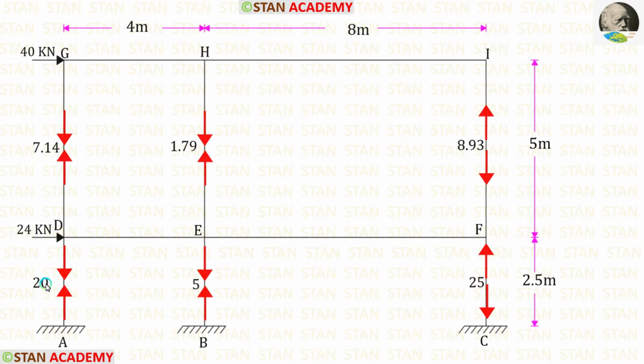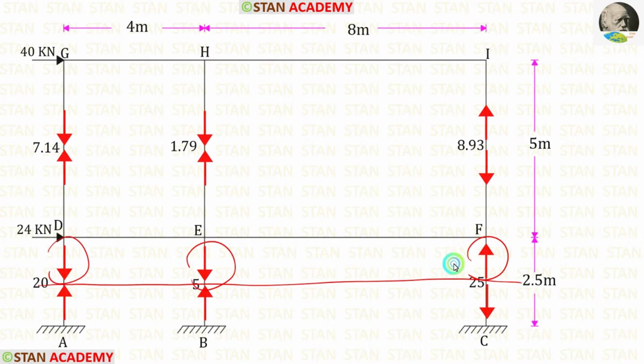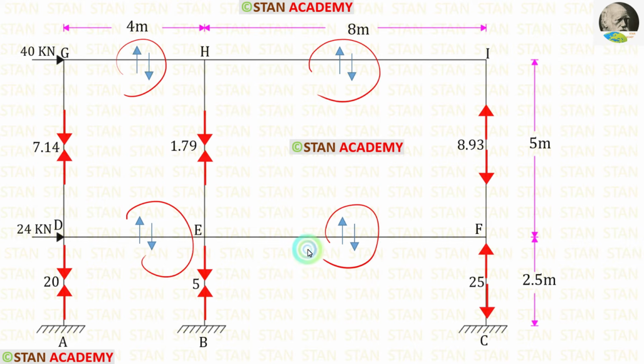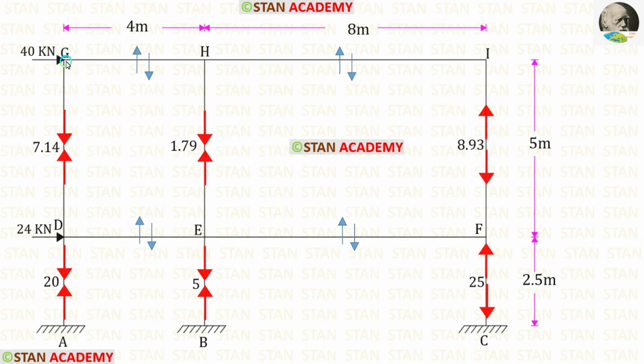In the bottom story, above the center of the columns, we have calculated the axial forces. Below the center, they will be acting in the opposite direction. Now, let us find the shear forces in the beams. First, let us find in the member GH.